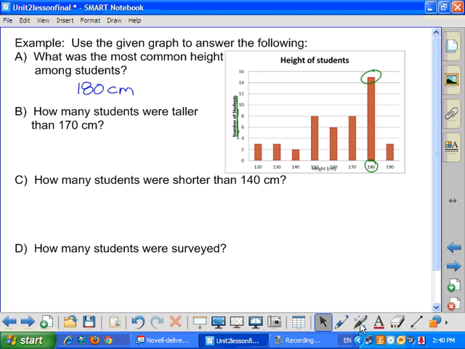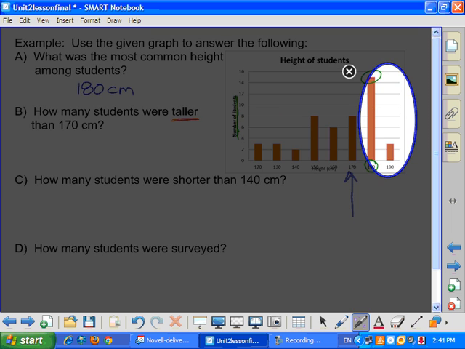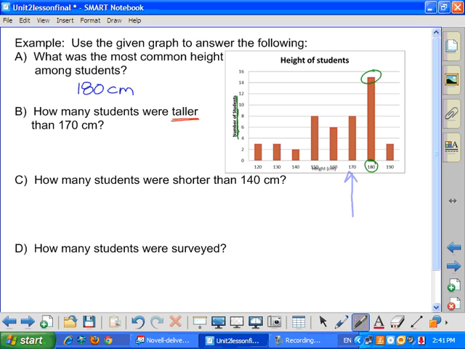The second one, B part, how many students were taller than 170? So we are looking for students that are taller than 170. Here's 170. I want to know all the ones that were taller. The ones that are taller would be these 2 heights here, 180 and 190.